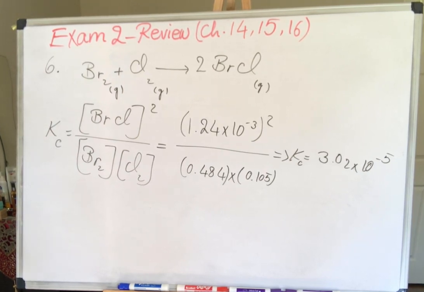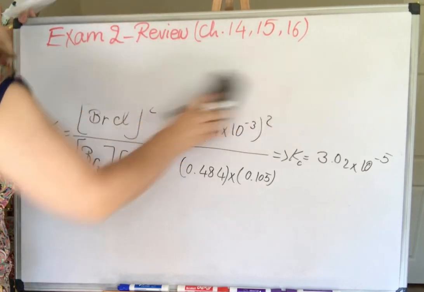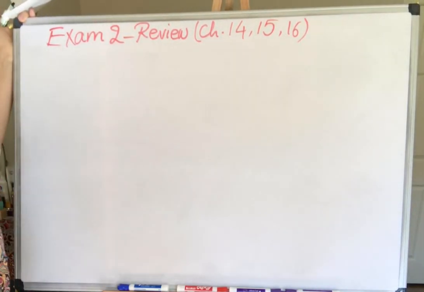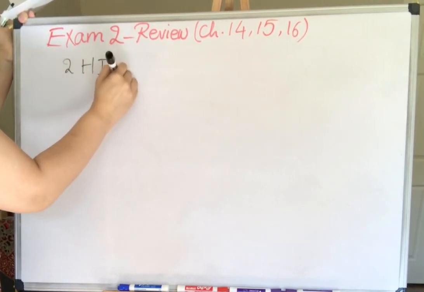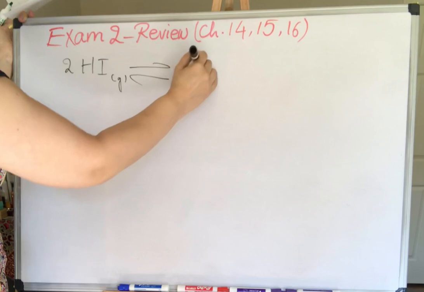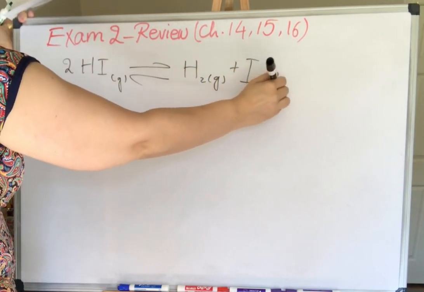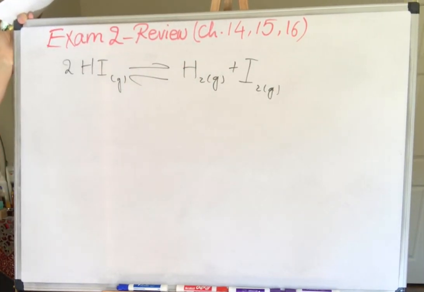Question number 7. Again, you need to find an equilibrium constant. You have 2HI in equilibrium with H2 plus I2, all in the gaseous phase.